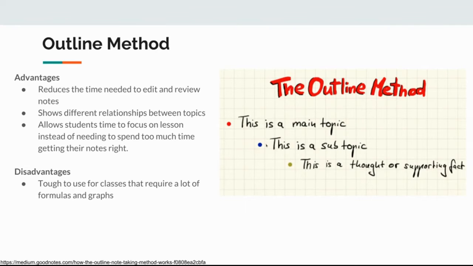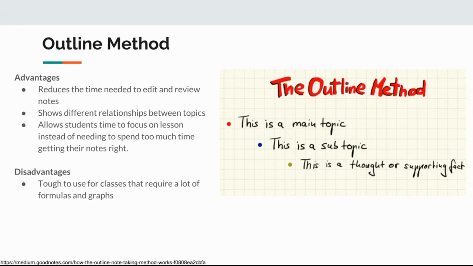But it's going to be indented a little bit. And this is a subtopic. So on this page, the subtopics would be advantages and disadvantages. And then finally, you're going to put one more, and it's going to slide over even further than the second dot or bullet point. And this is going to be thoughts or supporting facts that you think are important. So in this one, these would be the third bullet points.